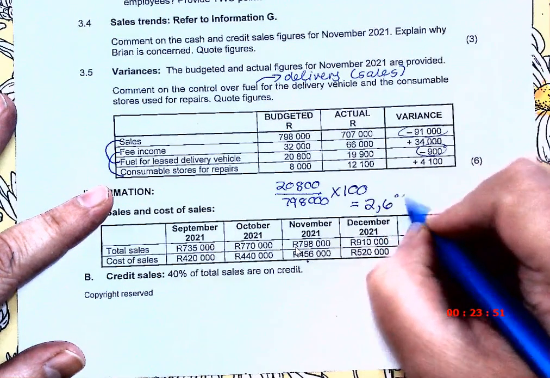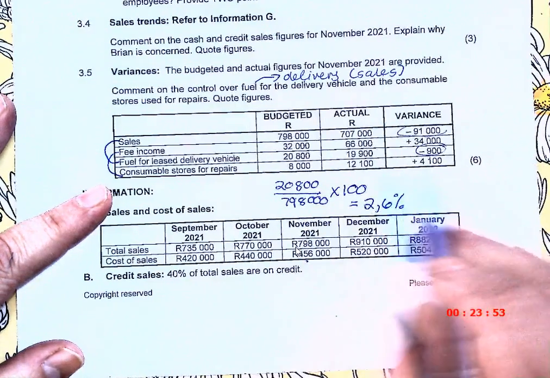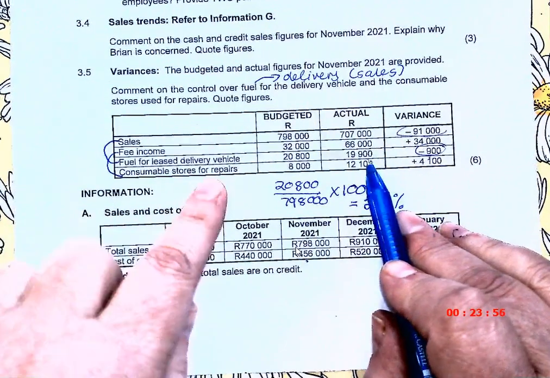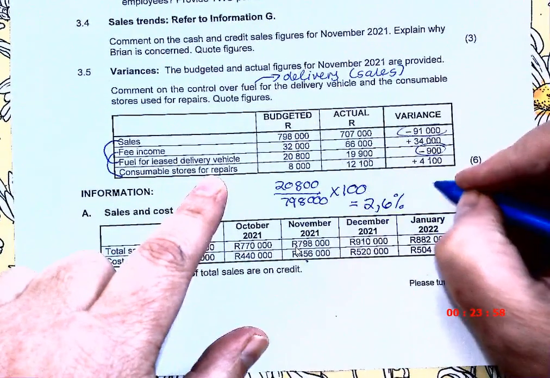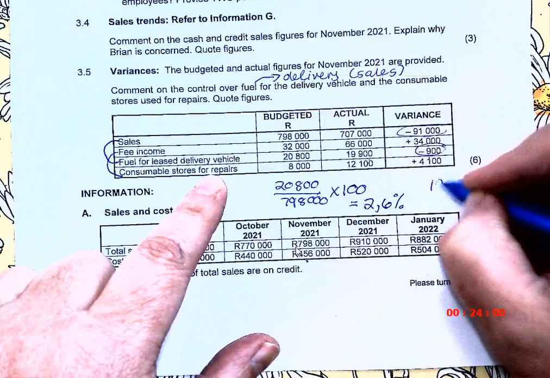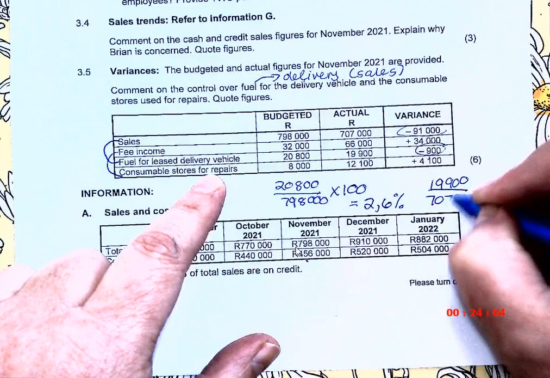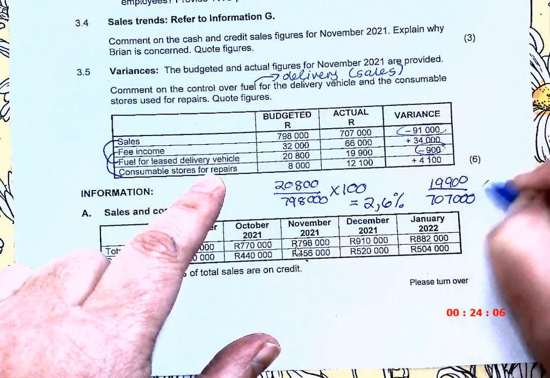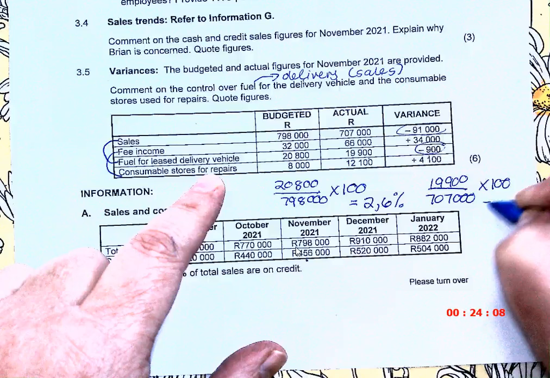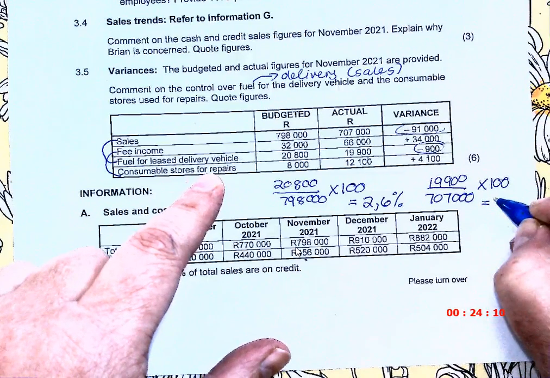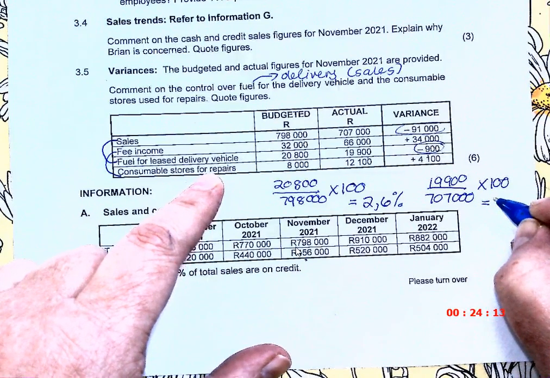If I do this one, the fuel, 19,900 over 707, that gives 2.8.